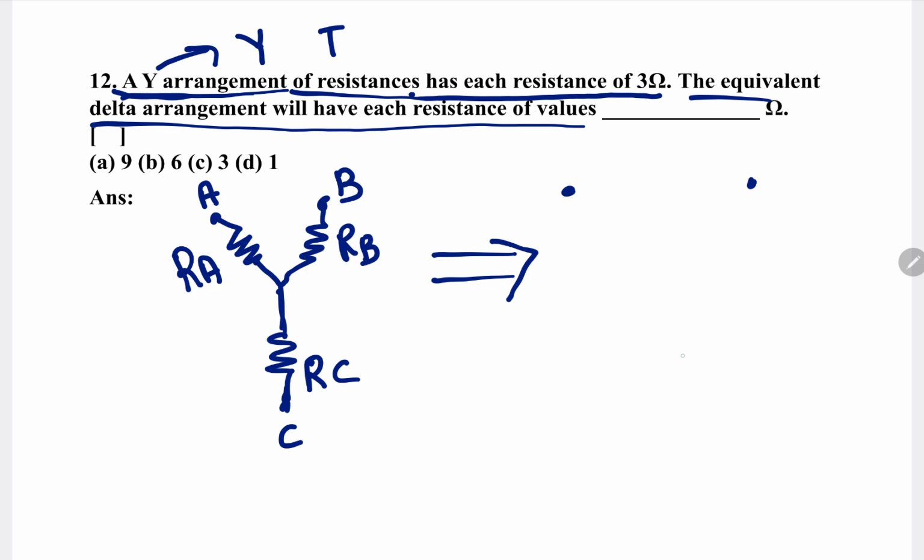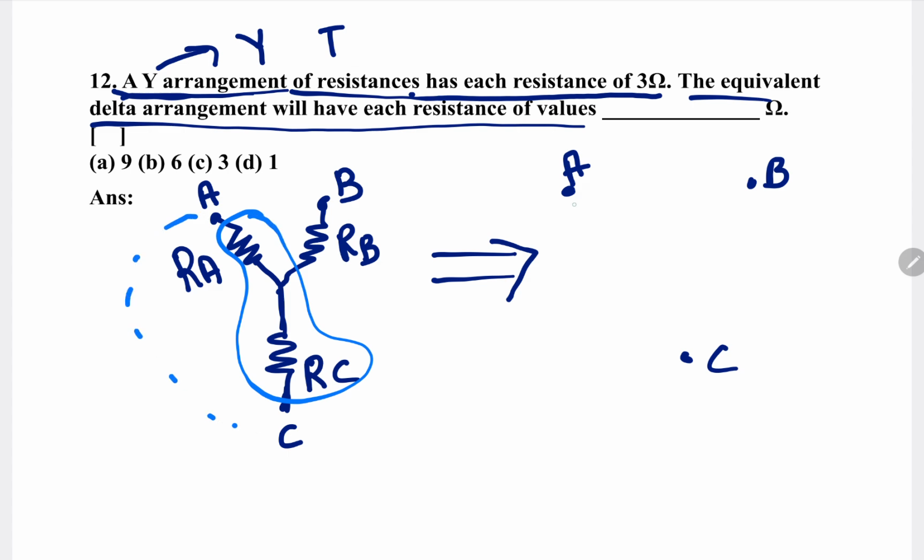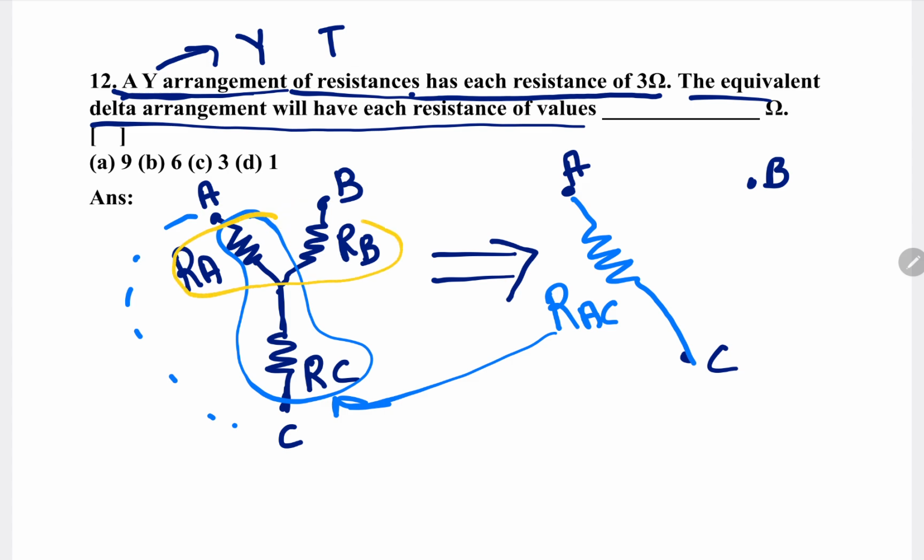These terminals are not changing, they are A, B and C. This RA and RC combination is connected between A and C, so I am calling that RAC. Next, the RA and RB combination, which should be connected between the A and B terminals, I am calling RAB.